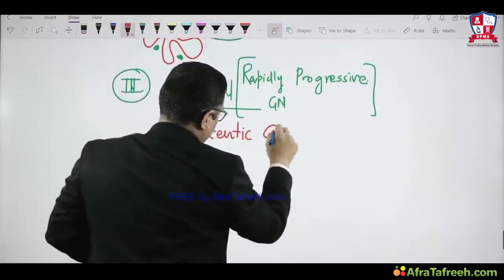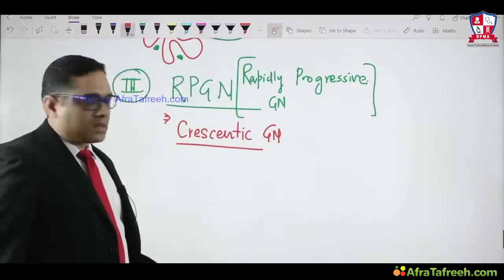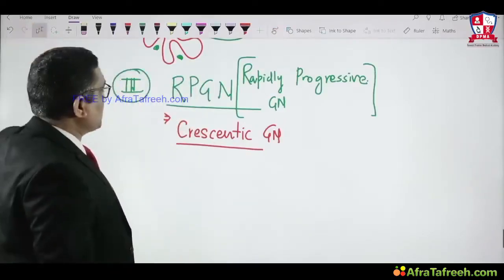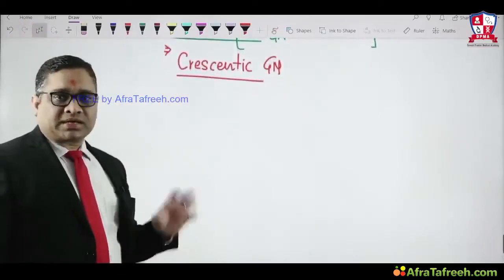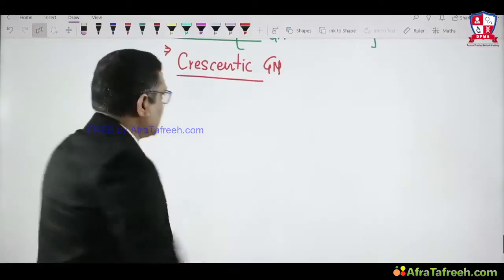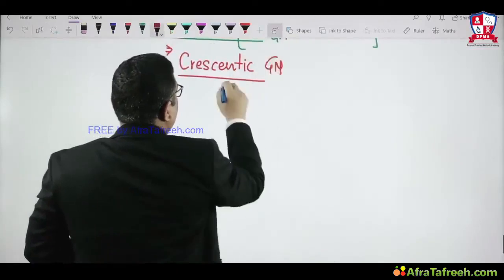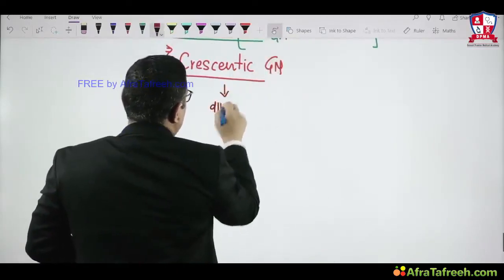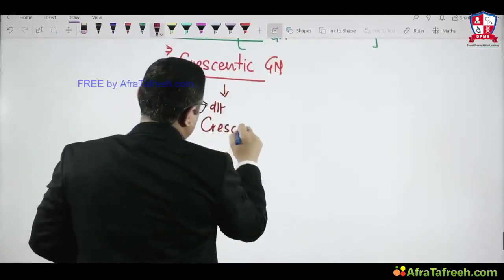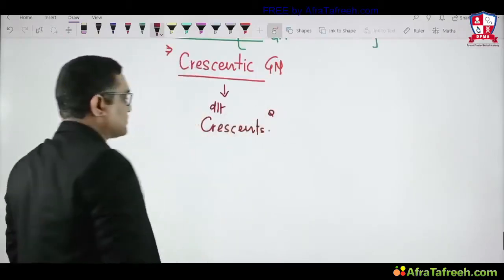Why has the name crescent been given to it? Because of the presence of crescents on histological examination of the glomeruli. So the name crescentic glomerulonephritis is given due to the presence of crescents.